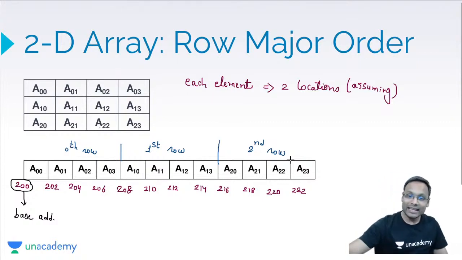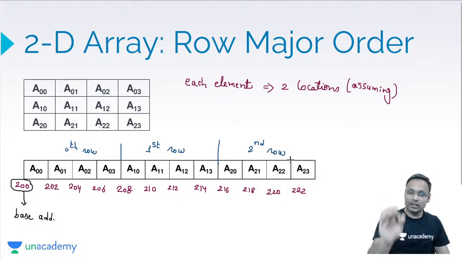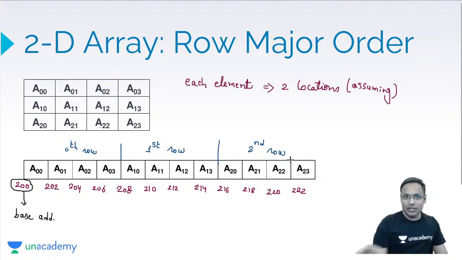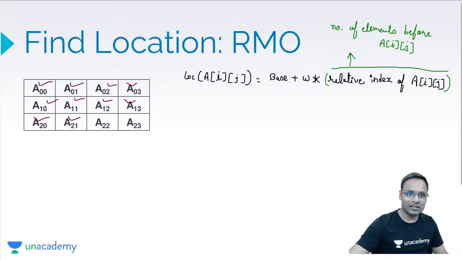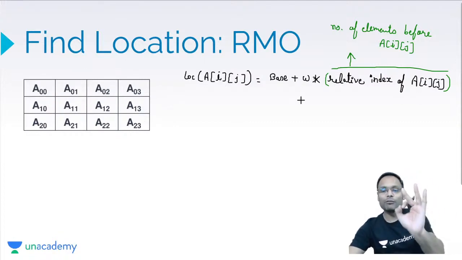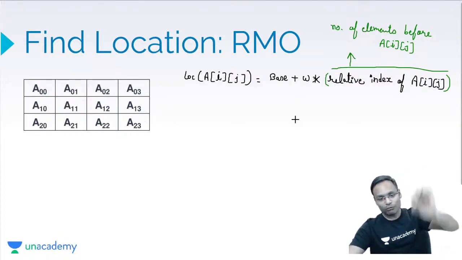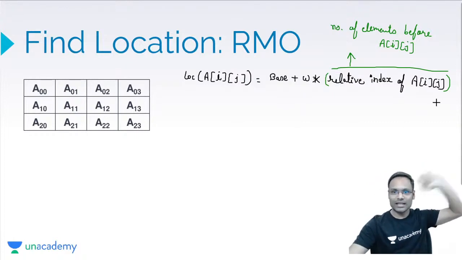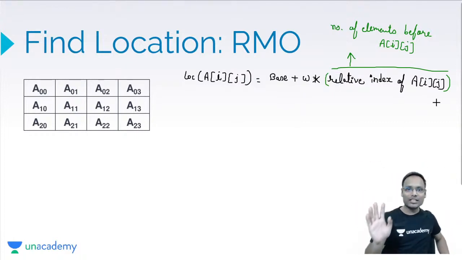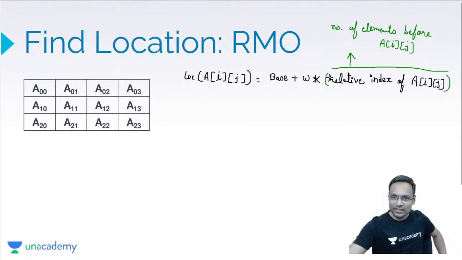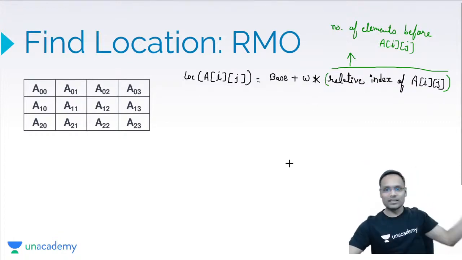Any kind of array, if you are storing it in the memory consecutively, this is the master formula. This is the master method. You just somehow get a formula for this relative index of A of ij. How many elements are there before ij. That's it. How many elements are in memory before A of ij. That will be your relative index. Replace it in this and that's it. Done.